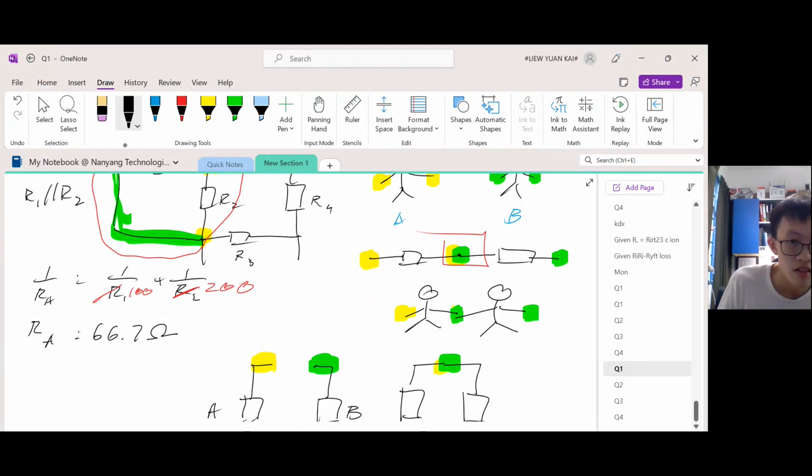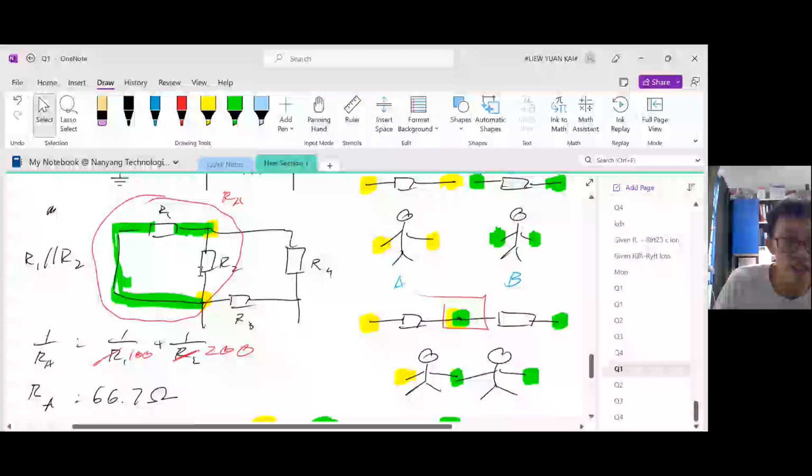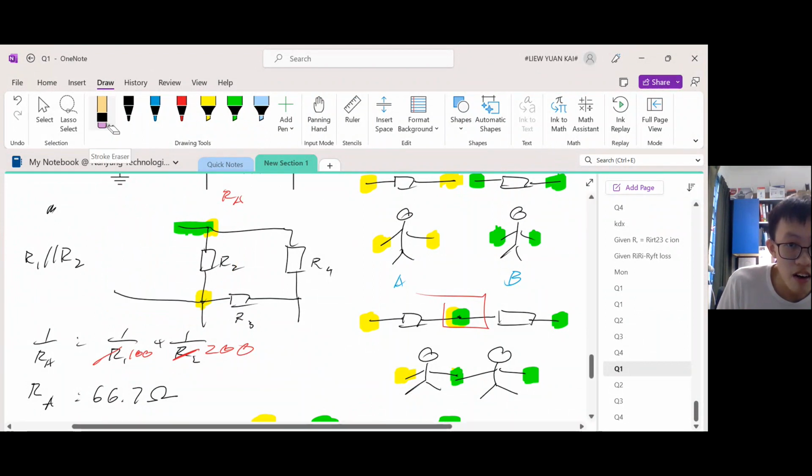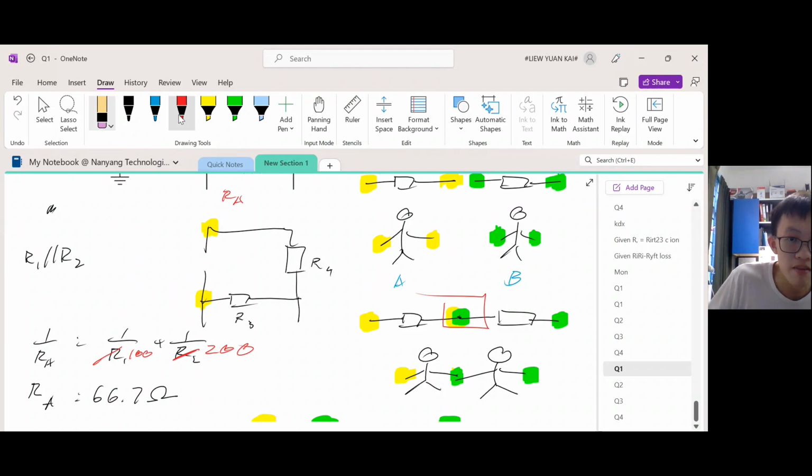So now I can redraw this circuit. I shall remove R1 and R2, and then recombine them as RA.